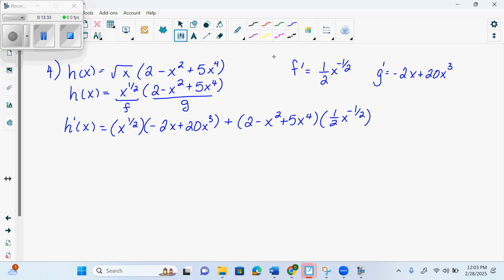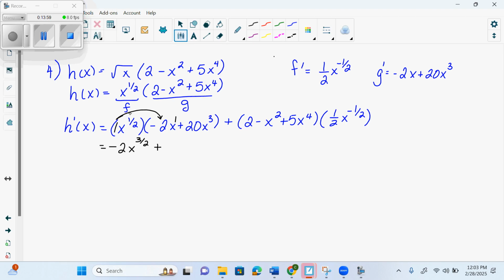All right. So we're going to distribute. Positive 1 times negative 2 is negative 2. I always do my coefficients first, then I do my variables next. It's not as overwhelming. And then x to the half times x to the 1 is a half plus 1, which is 1.5. What's 1.5 as a fraction? 3 over 2.